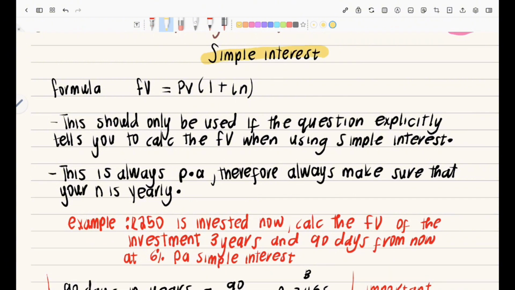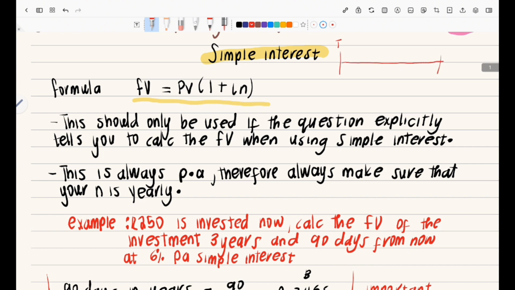The formula to calculate the future value of something when you are told that you are using simple interest is: future value is equal to the present value times (1 plus I percent times N). For those of you who might not be familiar with the concepts of financial math, when we say future value, you have different time periods.